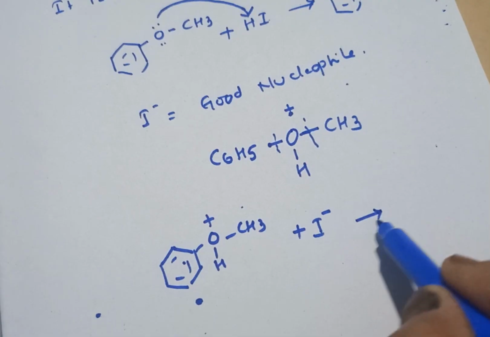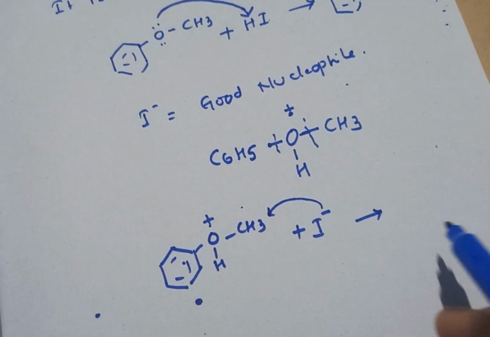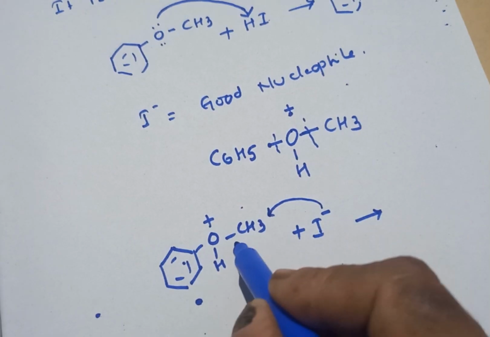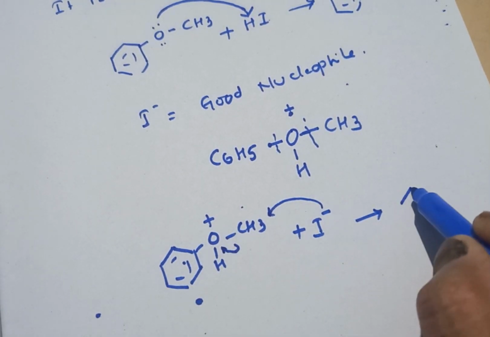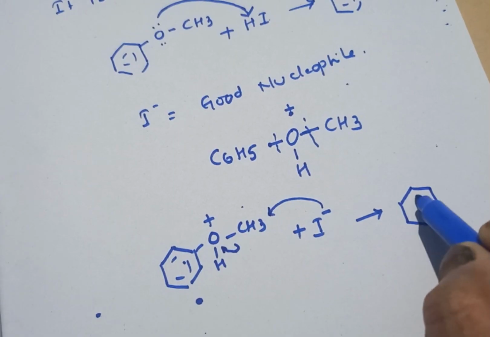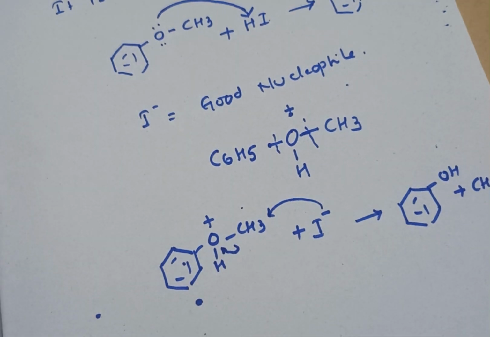So here it attacks this one, and bond cleavage takes place like this. Now the products are phenol and CH3I, methyl iodide.